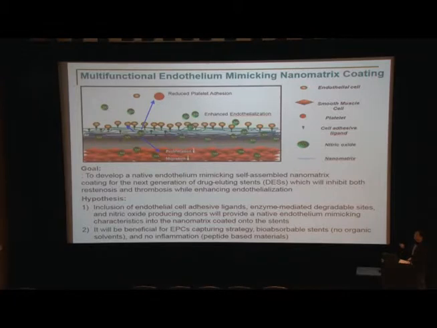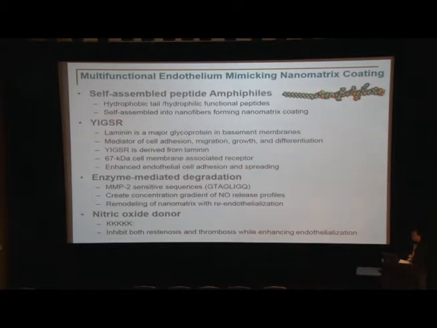It has a nitric oxide donor, and it recruits endothelial cells, but it can also suppress smooth muscle and prevent platelet attachment. This is completely biocompatible and also degradable. So as the tissues grow in, it can also induce remodeling of the tissue. So eventually it can recover the healthy endothelium.